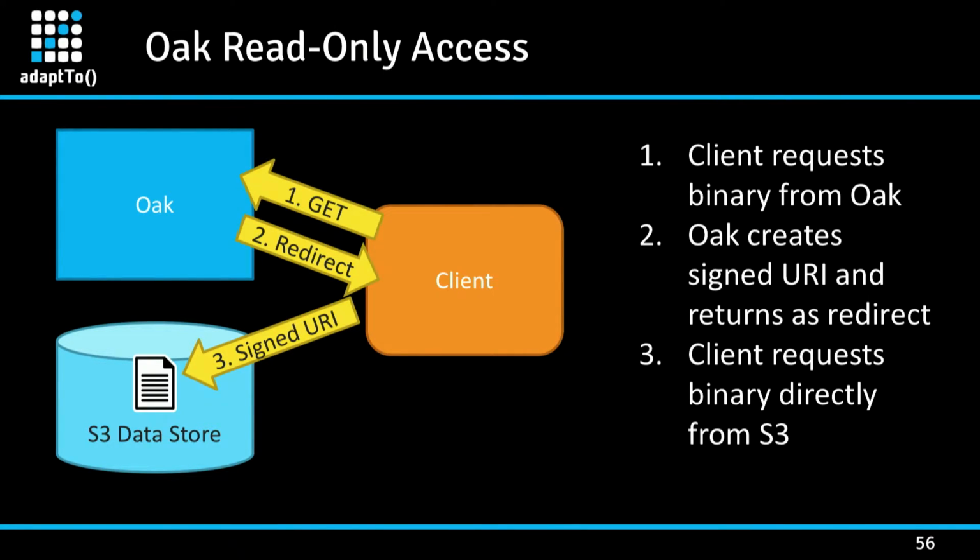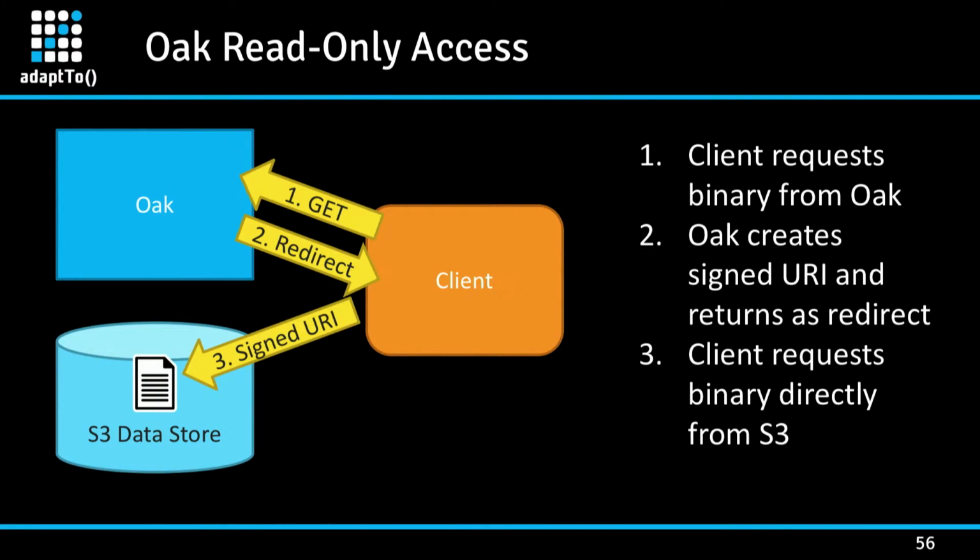The client would request the object from Oak. Oak would issue the signed URI as a redirect to the client, and then the client can get that binary directly from S3. Now this would work even if the binary was managed. We're not putting that restriction in this case because this URI has such a short TTL and it's read-only, so it doesn't matter.